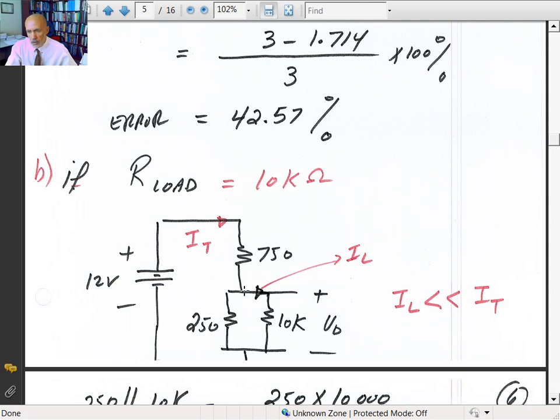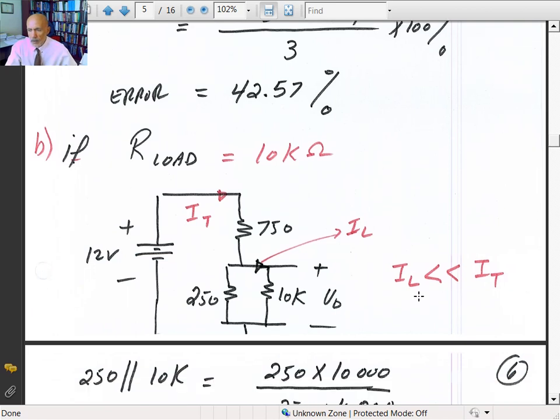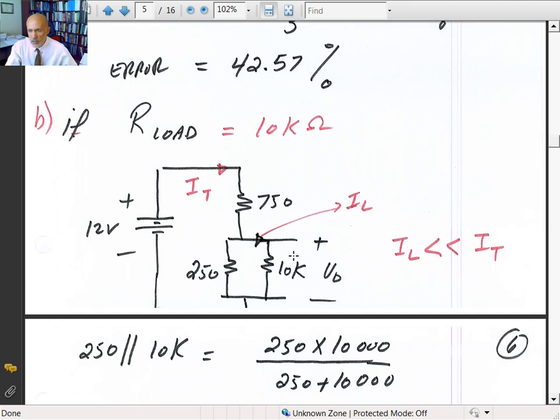Ideally, when I total is coming in, almost all of it goes to the 250 and nothing to the load, or a very small portion of it, such that you keep the voltage where it is. So I of L will be very small compared to I of total if this resistor is very large compared to R2. Let's just calculate it to see what you come up with.